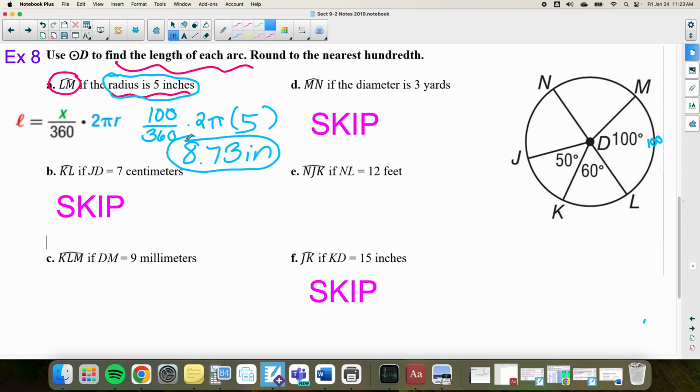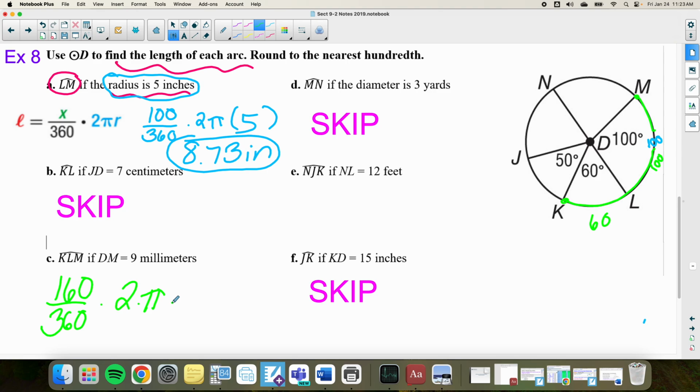Okay. Now if we go down to C, we're looking for KLM. This is 60, this is 100, so that whole thing is 160 over 360, okay, and then it's 2 times pi times the radius. So what you would have to look at here is, is DM a radius?